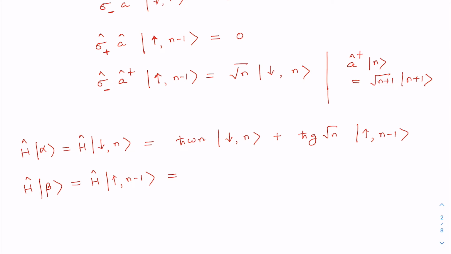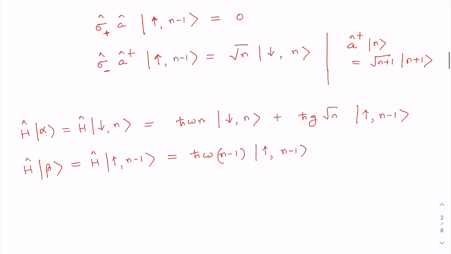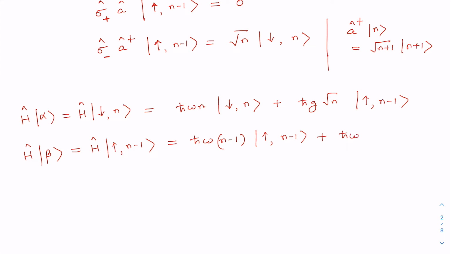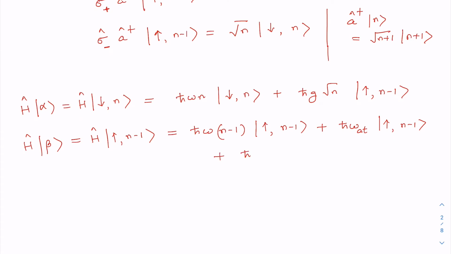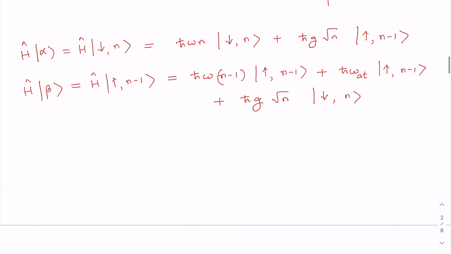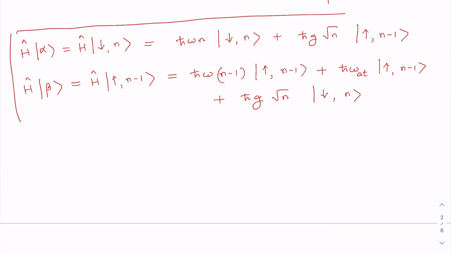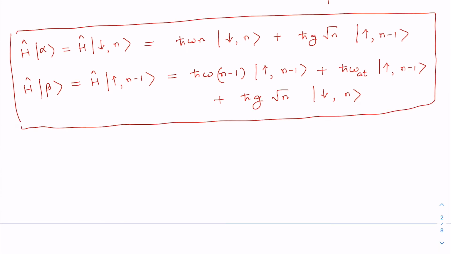And here you are going to get ħω n minus 1, atom up state, n minus 1 photons in the field mode, and you will have ħω atom in the up state, n minus 1 photons in the field mode, and the last term would be ħg square root of n, atom in the down state, and n photons in the field mode. So because we have worked this out, we can easily find all the elements.